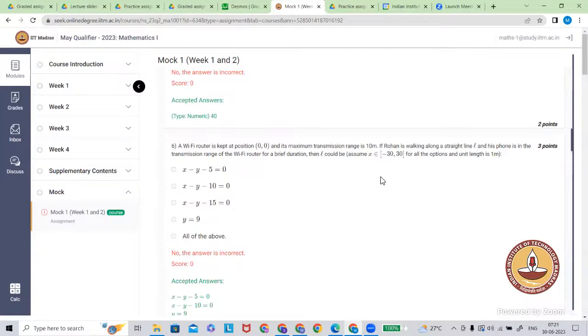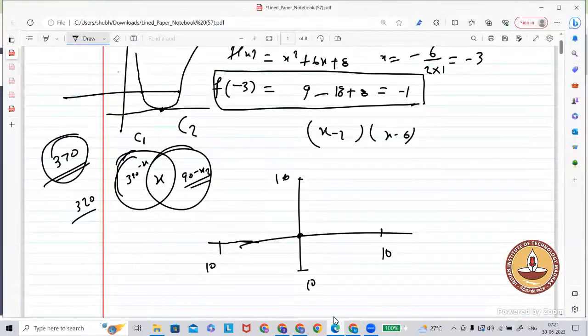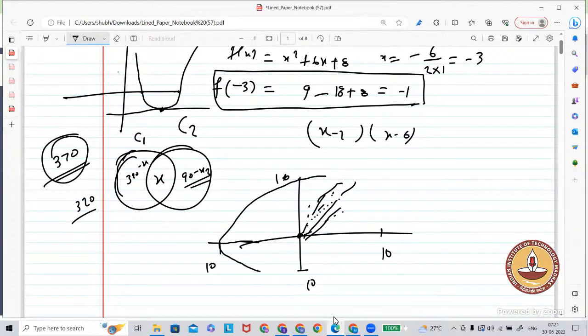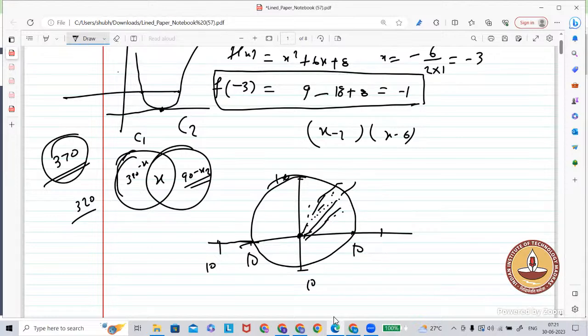You can see the distance on this side is also 10 meters, so the transmission range is a kind of circle. These are all 10 meters, and we want a line.